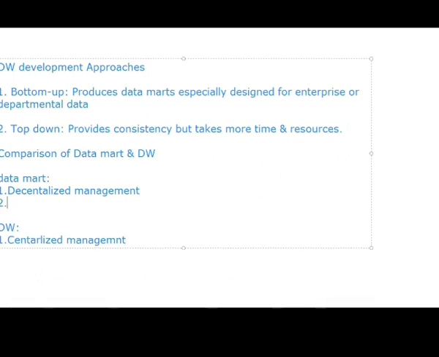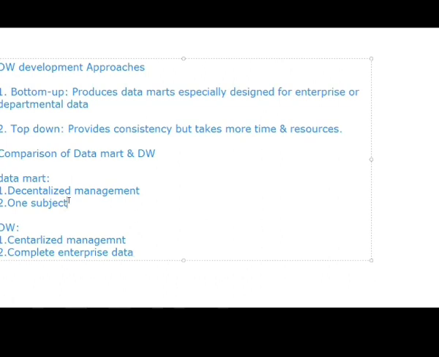The second difference is about the scope. A data mart covers one subject or functional area, whereas a data warehouse is based on complete enterprise data needs.